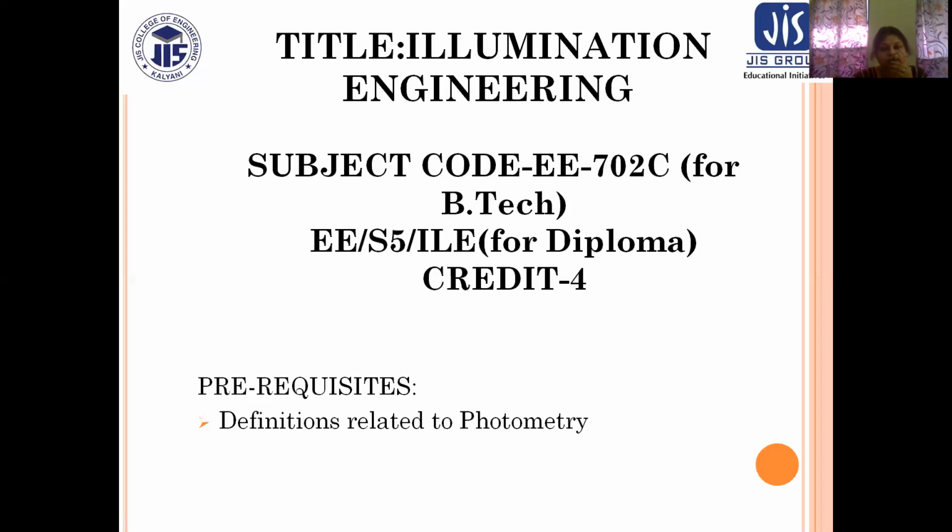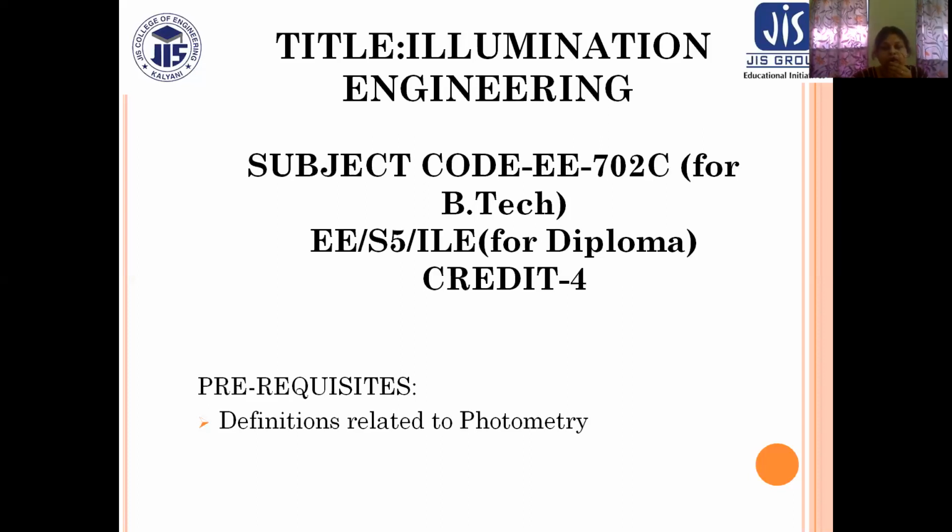Next, luminous intensity. Luminous intensity is denoted as capital I. Now, what is luminous intensity? Luminous intensity means luminous flux per unit solid angle, where luminous flux is denoted as F or phi, and solid angle is denoted as omega.